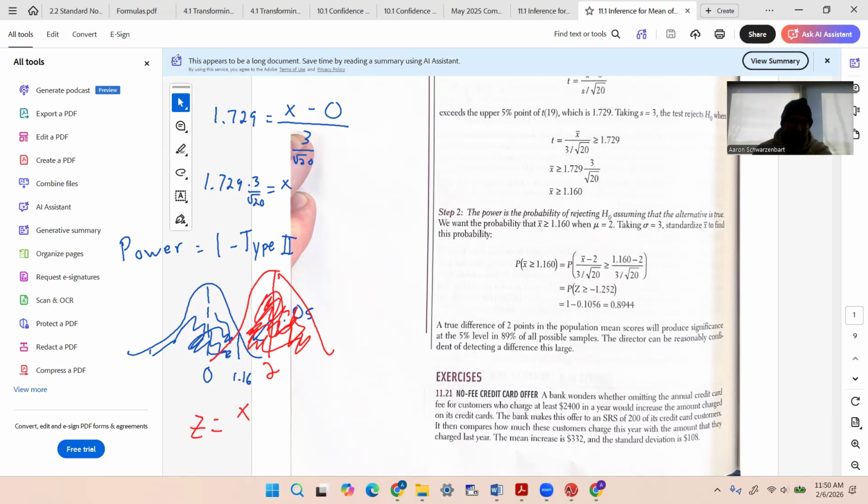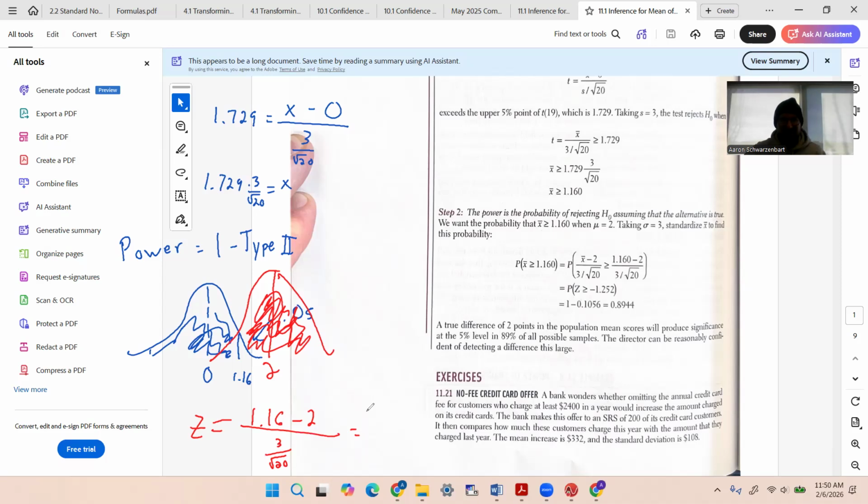Okay, so I'm using my Z formula: 1.16 minus 2 over, we're still using 3 over square root of 20 here.